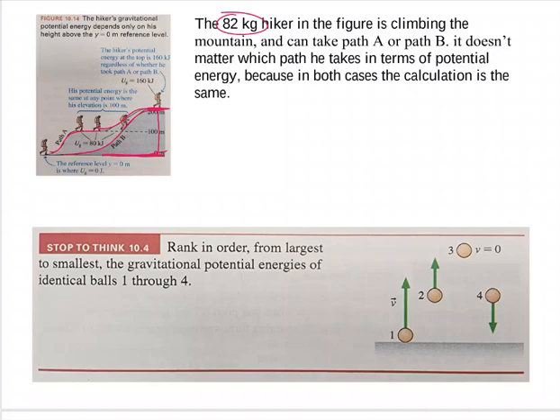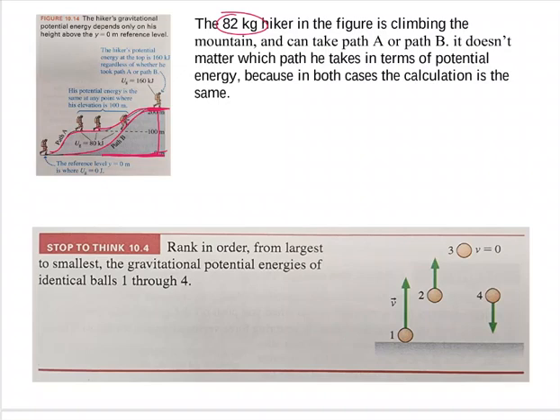So now rank in order from largest to smallest the gravitational potential energies of these identical balls, 1 through 4. Largest to smallest. What do you think? Are 2 and 4 at the same y level?